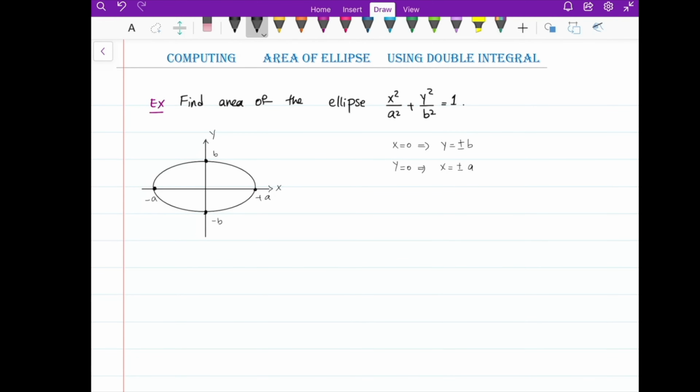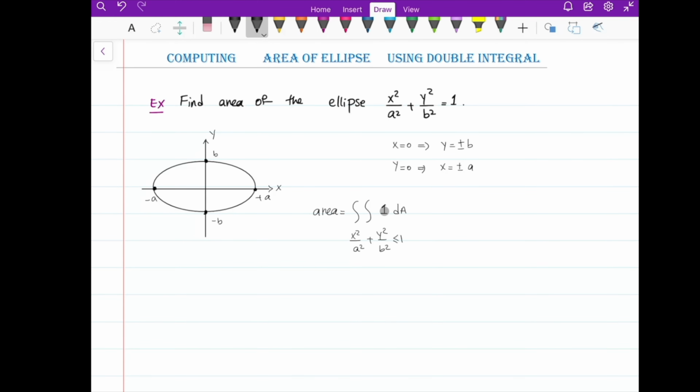Okay, so the area would be equal to the double integral of 1 dA over the region R, which would be the ellipse. One of the applications of the double integral is to calculate the area. How? It's just because the double integral of a function f gives me the volume of the solid that is bounded by f over the region R, the region of integration.